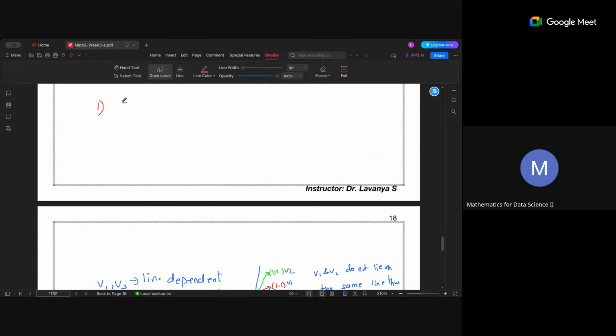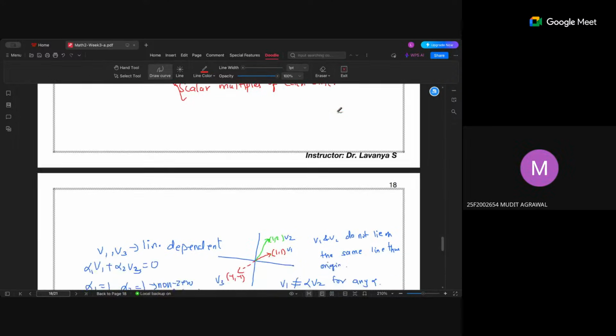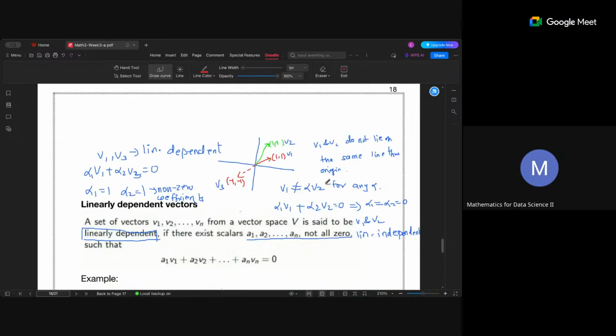V1, V2 in R2, if they are on the same line through the origin, or they are scalar multiples of each other, then we say that they are linearly dependent. Okay, is it fine up to this?